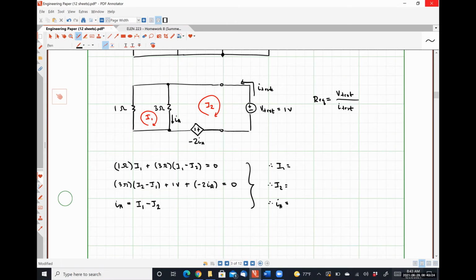In my third equation, I have 1I1, -1I2, -1IA is equal to 0. Solve, and I get I1 is equal to -3/5 of an amp. I2 is equal to -4/5 of an amp. And IA is equal to 1/5.